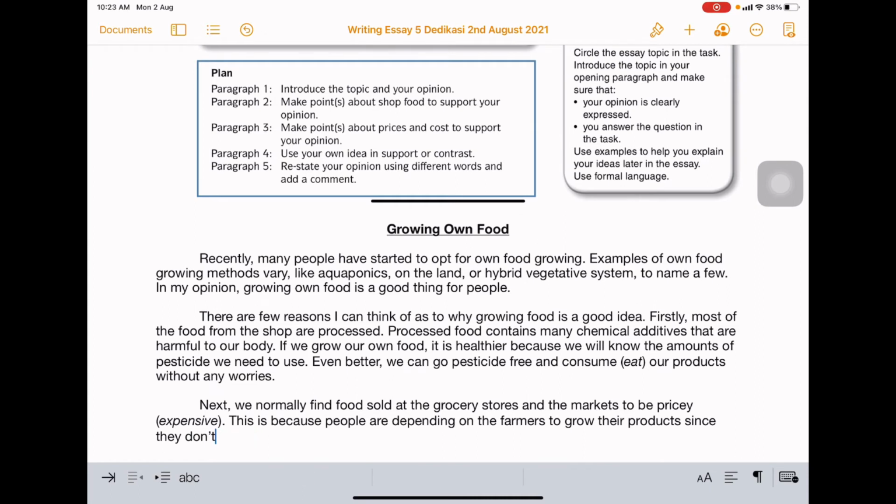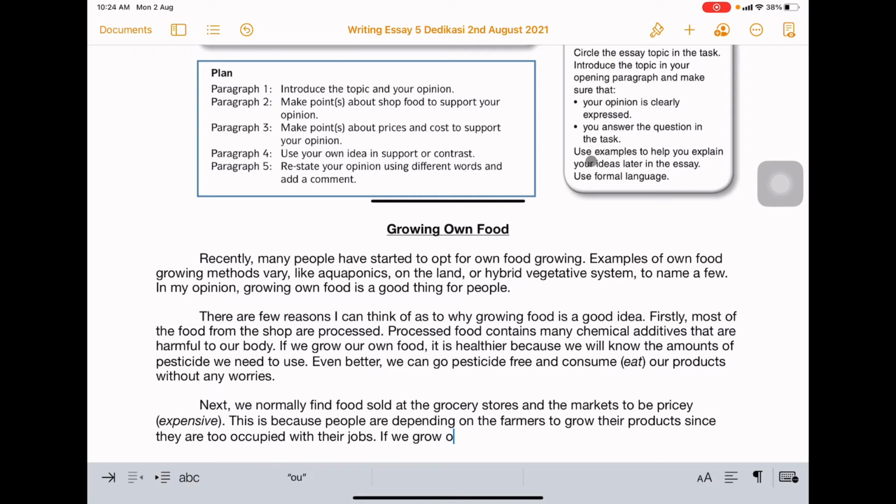Rather than writing "don't have time," you can just say they are too occupied with their jobs. Okay, and then after that you say "again," and then you go back to your own point.